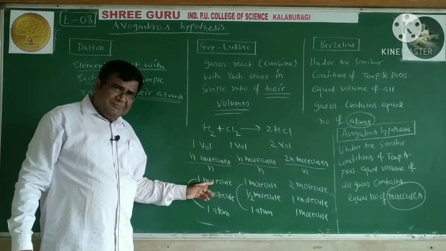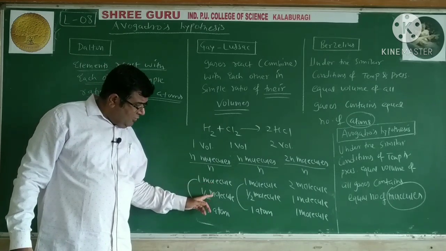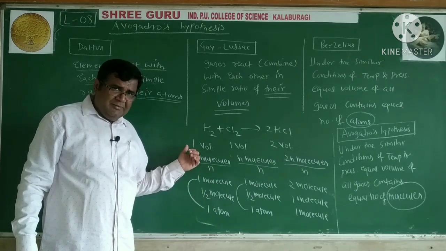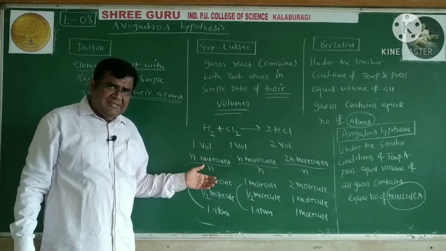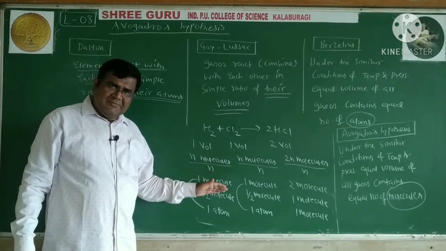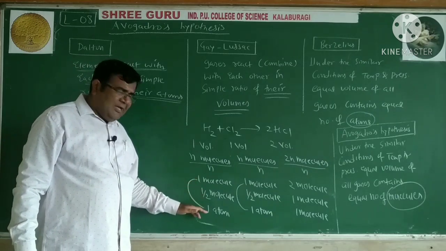Molecule can split. It can become half molecule. But atom cannot become half atom and combine. That's why we discarded it. Berzelius hypothesis was completely discarded. But the molecule concept is accepted.